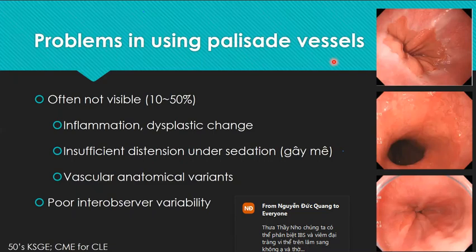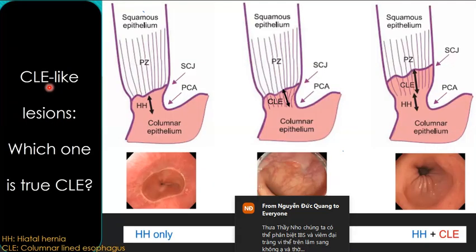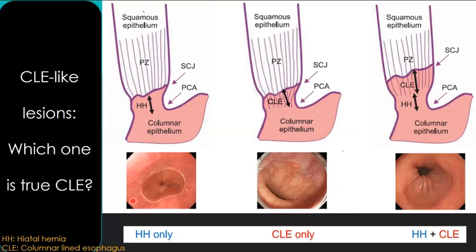I know that every day in any endoscopy suite in Vietnam, we can see hiatal hernia, many cases. So this is not CLE; it looks CLE-like, but there's no columnar lined epithelium because the hiatal hernia occupies those areas.